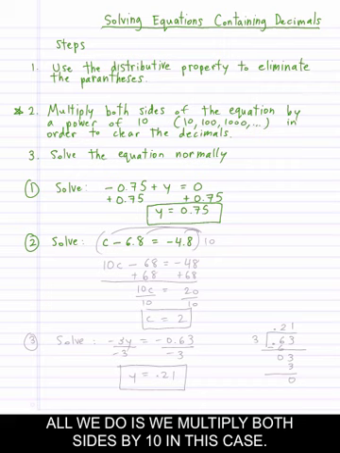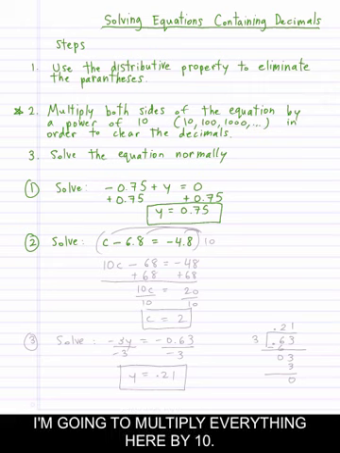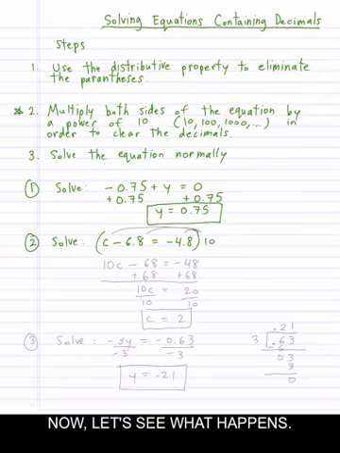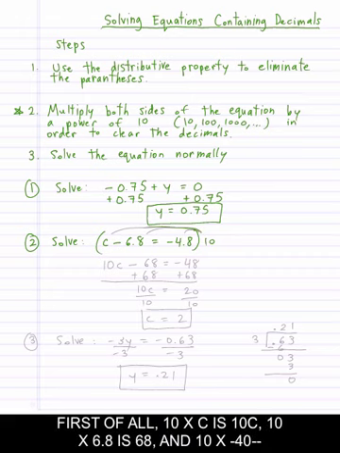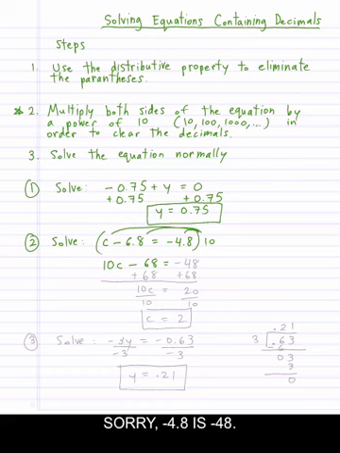All we do is multiply both sides by 10 in this case. I'm going to multiply everything here by 10. Now let's see what happens. First of all, 10 times c is 10c. 10 times 6.8 is 68. And 10 times negative 4.8 is negative 48.